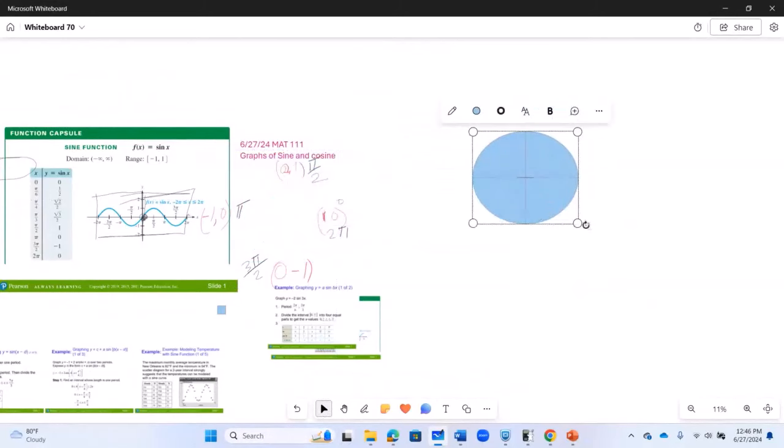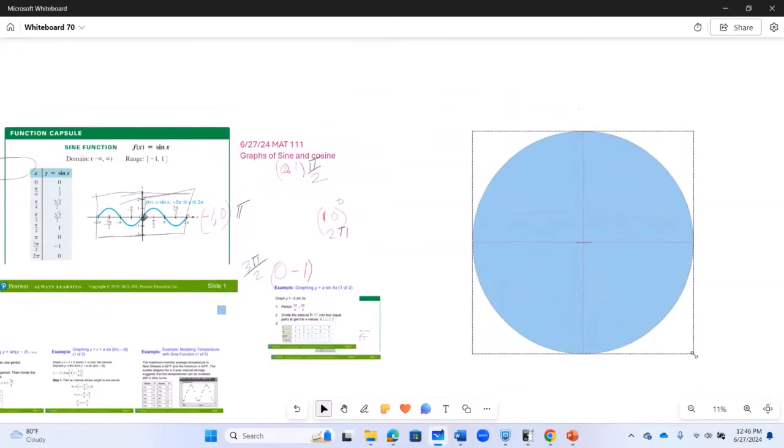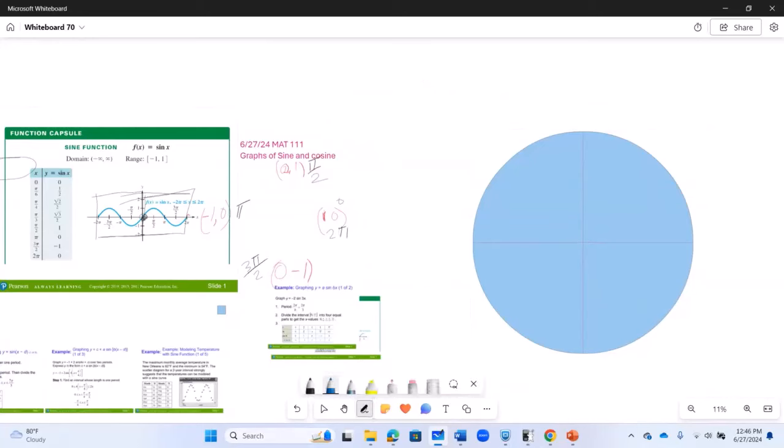Just bring it out and make this circle bigger. This time I want to check why they said that the cosine curve, I'll make this line thicker. No, I did not make it thicker, but anyway.